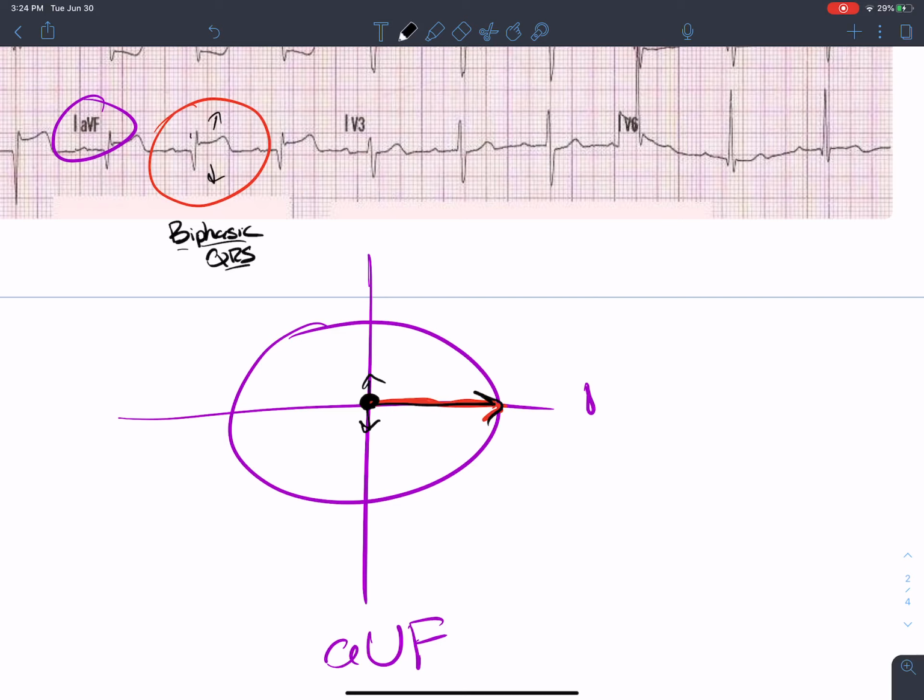What's actually happening here is all we have now is this right here. Because you were diligent enough to remember the numbers and the degrees on this chart, you remember that's 0, that's negative 90, that's either positive or negative 180, and this is positive 90. What we have here is a net vector, 1 in AVF, somewhere around 0, traveling in this direction.